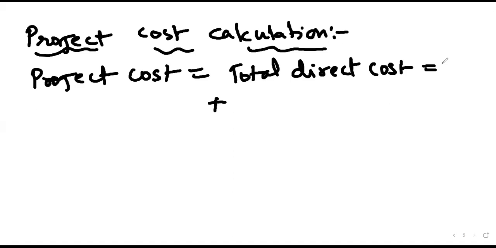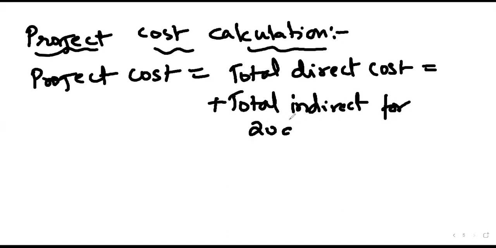Total indirect cost for 20 days. Correct. That's right. Next, increment cost. Increment cost is not incurred in this first cycle, so increment cost is not there.